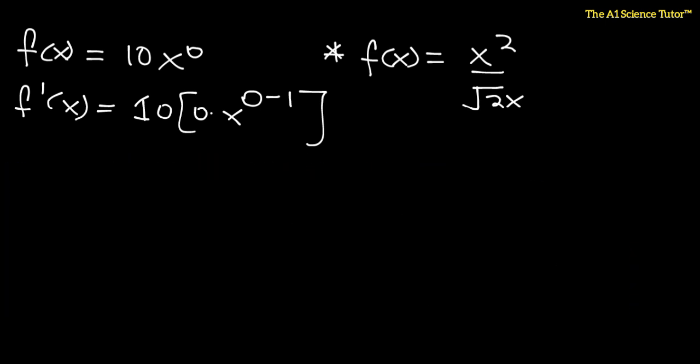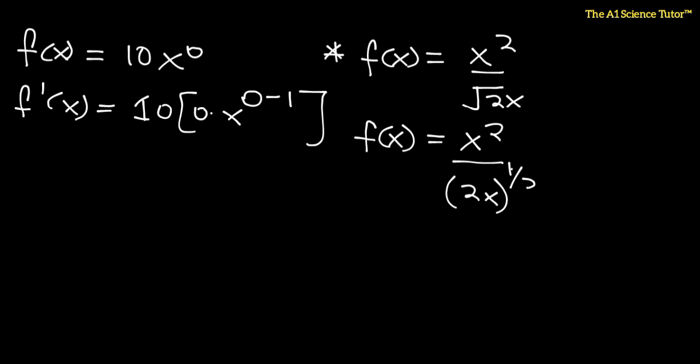Now, we need to change this into an initial form. So this is going to be x squared multiplied by, or rather, let me take it more gradual. So this will be 2x, and the whole stuff should be raised to the power of 1 over 2. Now, as you know, I could distribute the power of half to each term within the denominator.